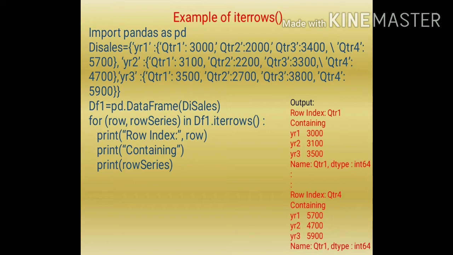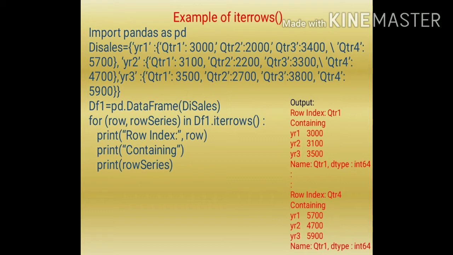Second is containing, which is also coming as it is. Now row series is actually giving the data of that full row in all 3 columns. You can see the output: yr1 3000, yr2 3100, yr3 3500. So all the values of yr1, yr2, yr3 for row qtr1.